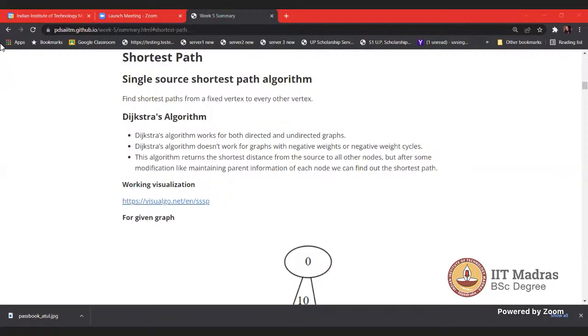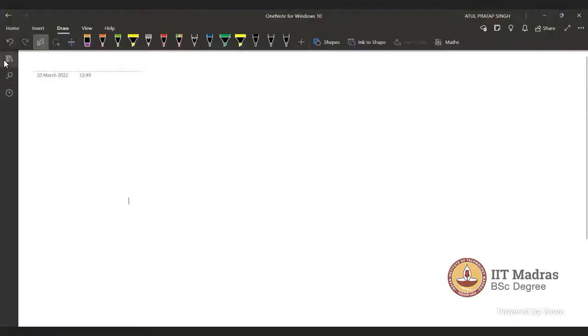So we can understand the meaning of negative weight cycles and negative weights. For both types of graphs, for example, I'm representing a directed graph and an undirected graph.